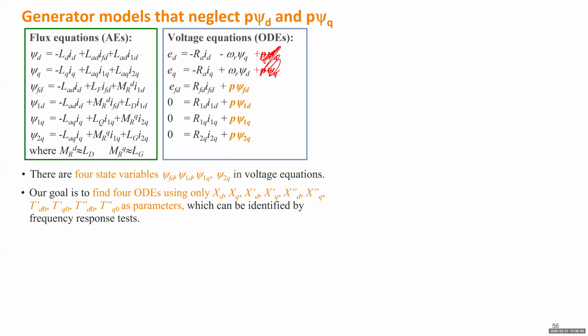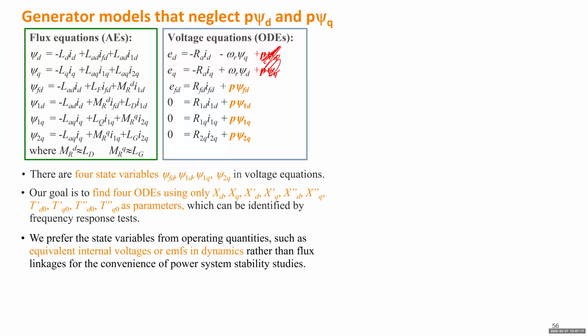So we want to get rid of those L or M and replace them with those X or T parameters. This is our goal. The four differential equations will be regarding the state variables, categorizing the flux linkage change, but all the parameters will be either X or T with single or double prime.